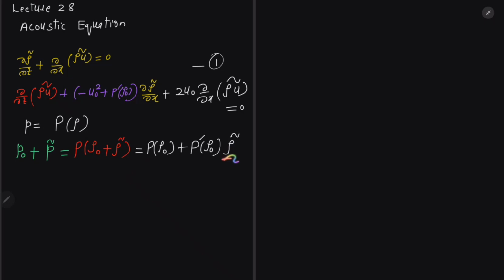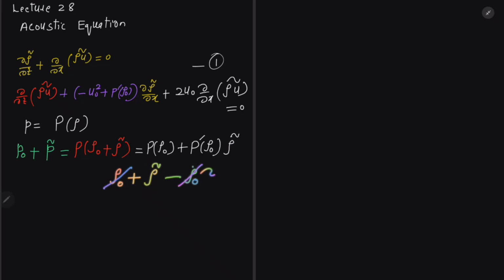How is there a rho tilde? As I explained in the previous video, you take a difference between the perturbed quantity and rho naught.